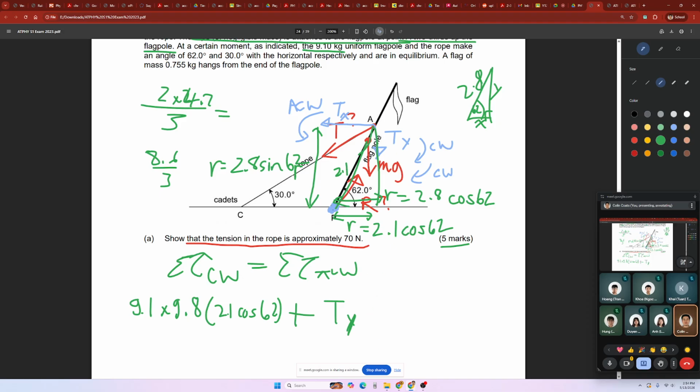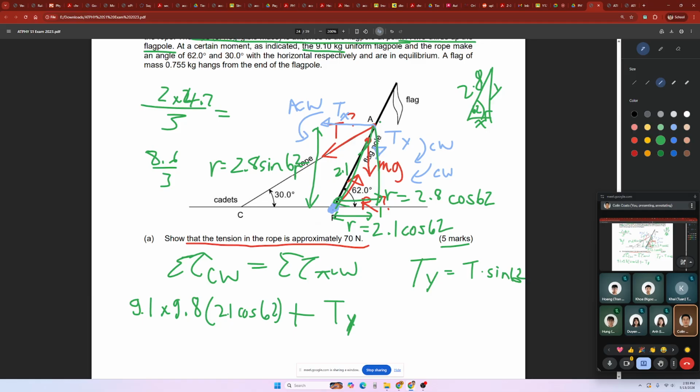Ty, what's its distance? Now Ty is based on Tx, yes? Or sorry, T. So Ty is going to be T, and because it's opposite the angle, sine 62.